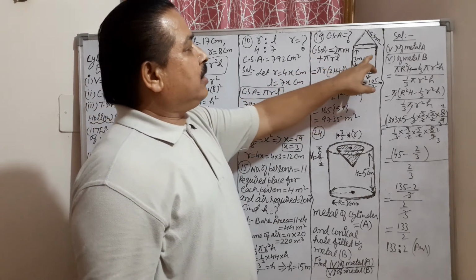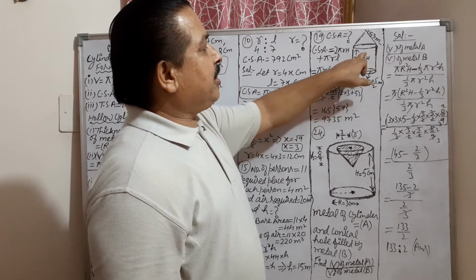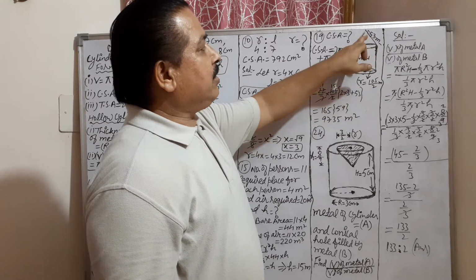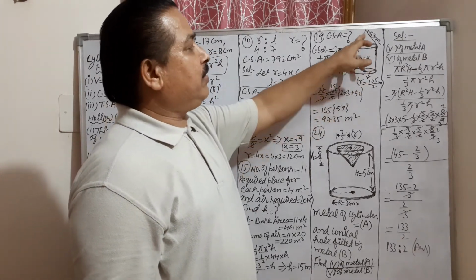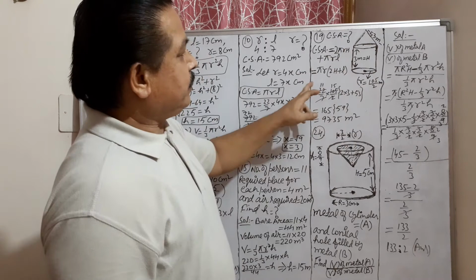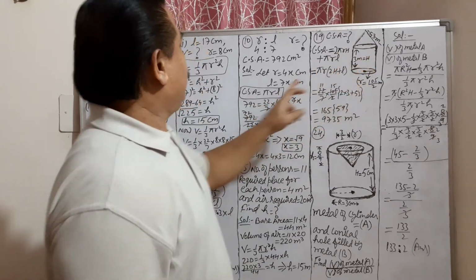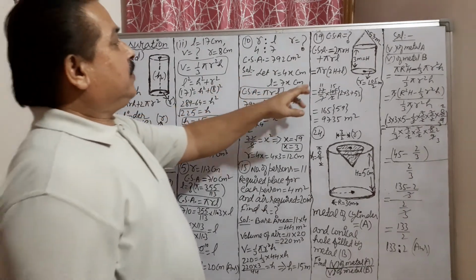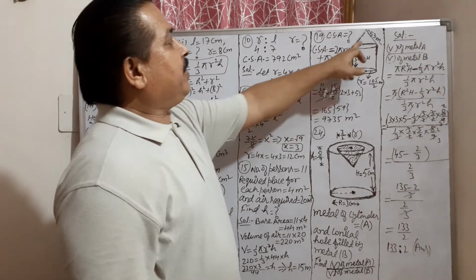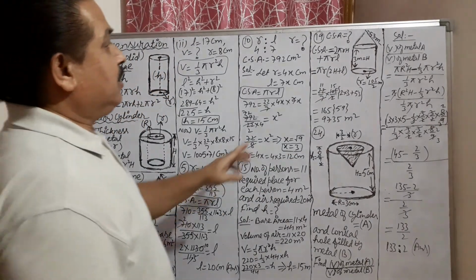Now see here, curved surface area. They are asking for the total surface area of this tent. So it means the curved surface area of cylinder plus the curved surface area of cone will be the total surface area of this tent. Curved surface area of cylinder is 2 pi r h, you know, plus the curved surface of cone, pi r l.